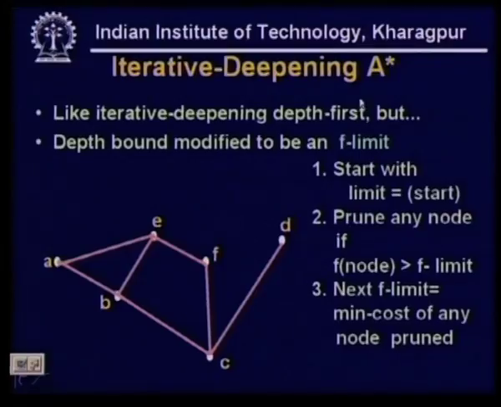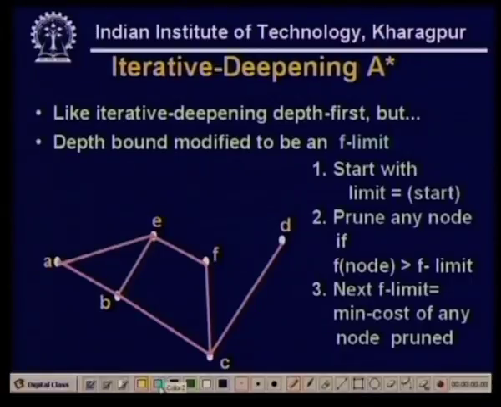Now, let us look at iterative deepening A star. Iterative deepening A star is a depth first iterative deepening search, but the depth bound used is an f limit. So, we use the f value of start as the initial cutoff or initial limit.